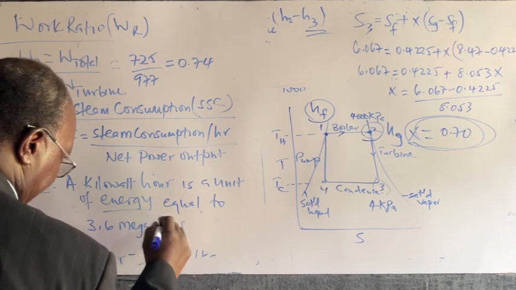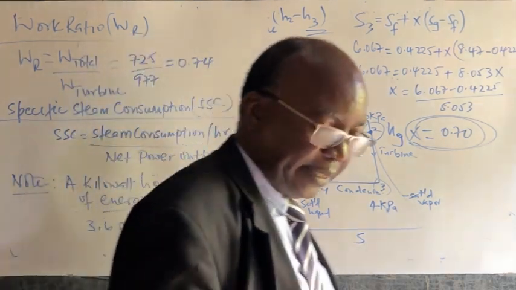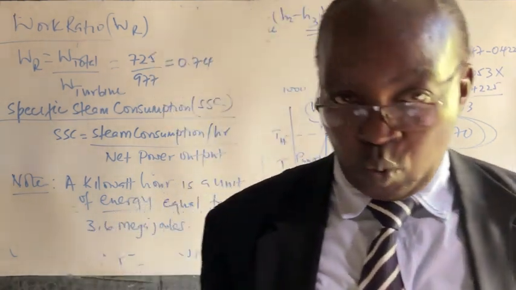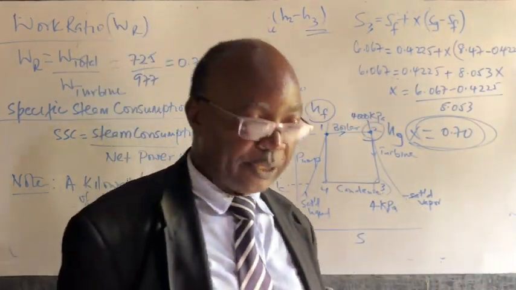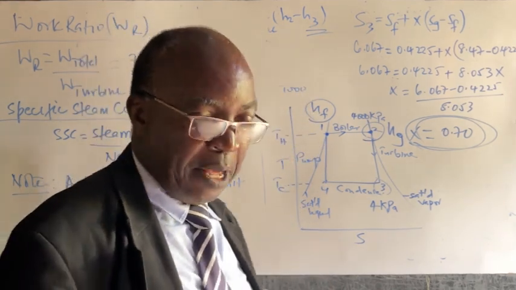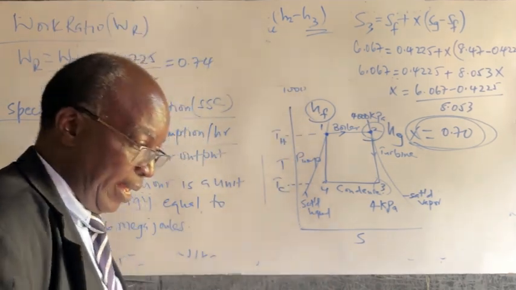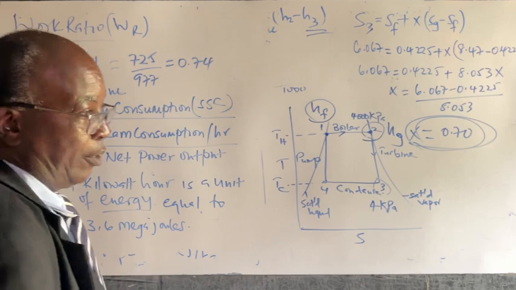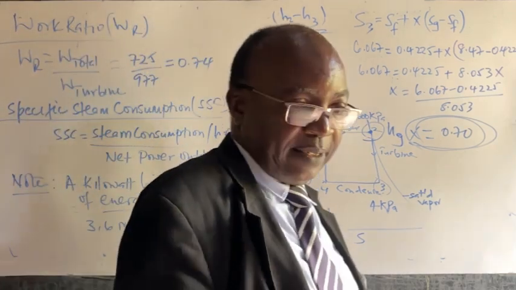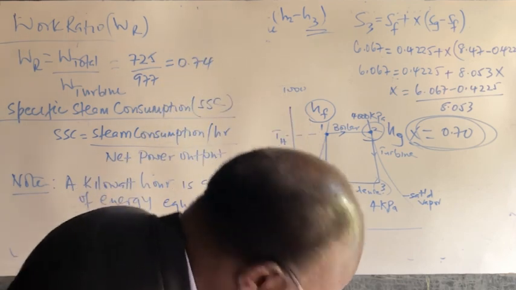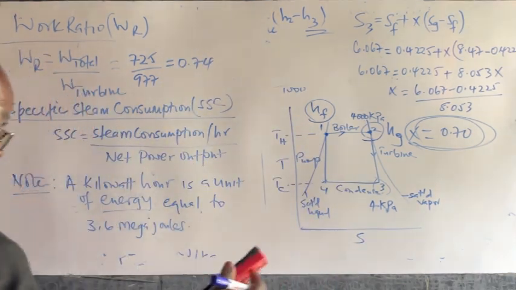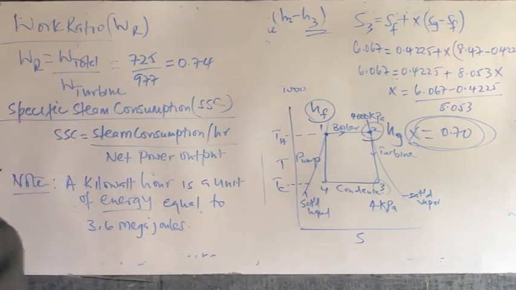In other words, 3.6 times 10 to the power 6 joules. Kilojoules is times 1,000. Megajoules is times 1,000,000. So we can have megapascals. For example, the critical pressure of water is about 22 megapascals, if you look at the other lectures which we have covered.